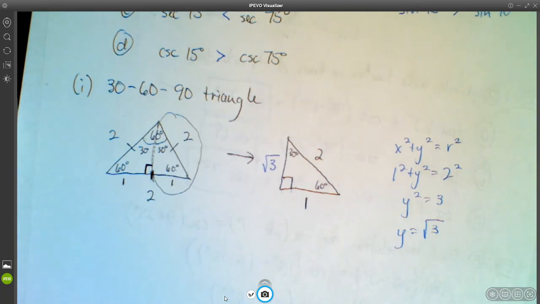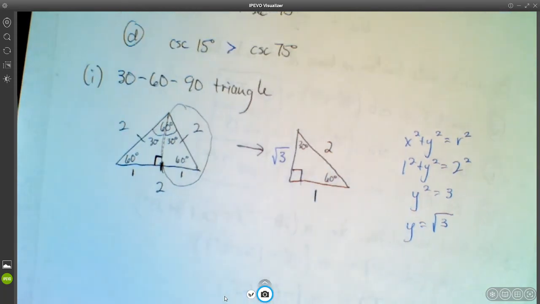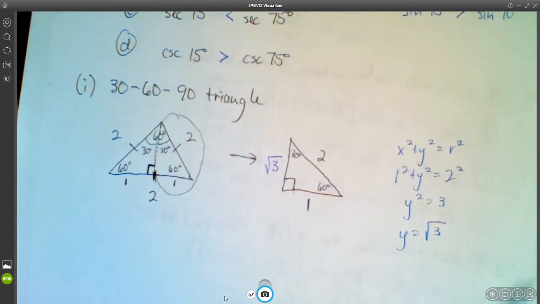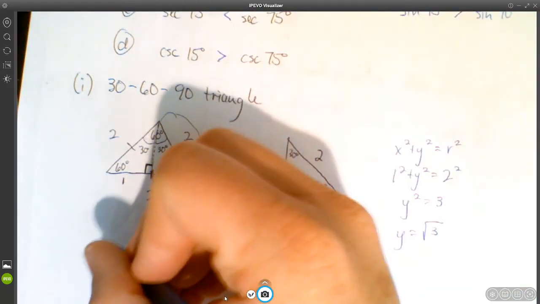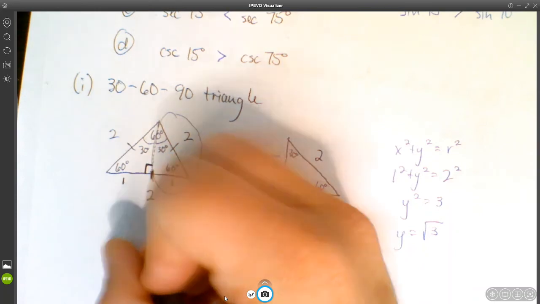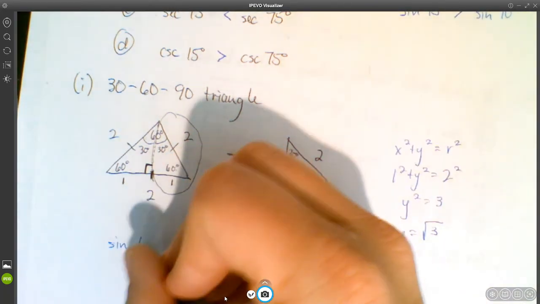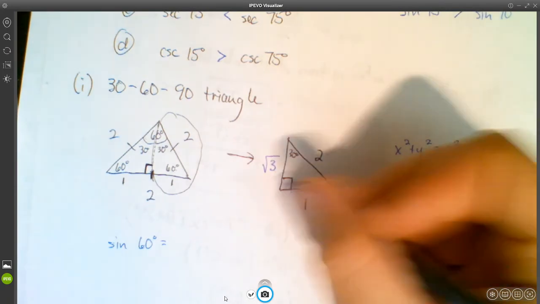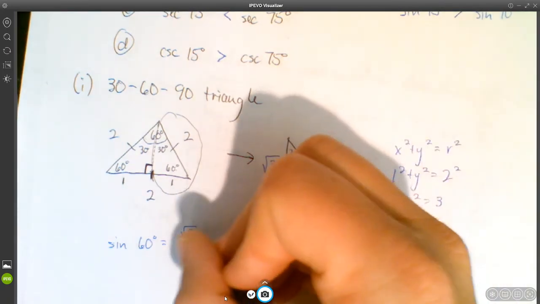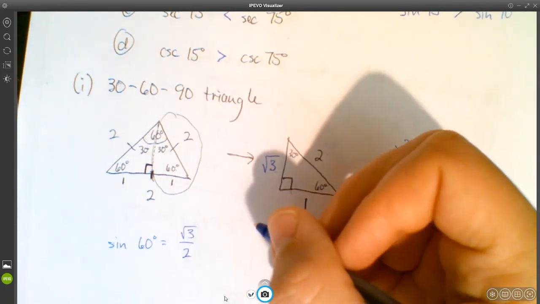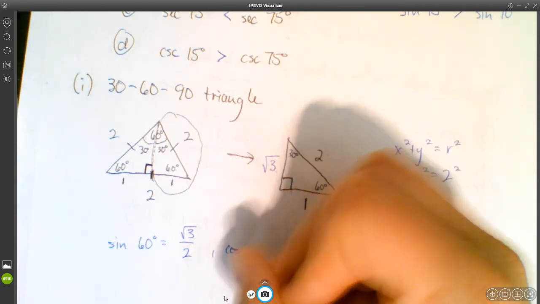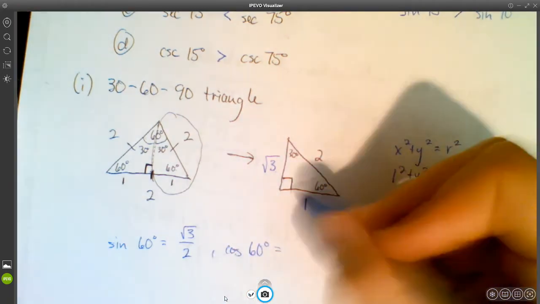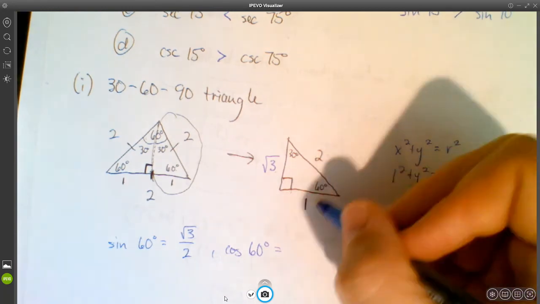Okay. Now, based on that triangle, we can come up with the trig function values for a whole bunch of stuff, right? So we know, for example, that sine of 60 degrees is going to be opposite over hypotenuse. That's root 3 over 2. We know that cosine of 60 degrees is going to be adjacent over hypotenuse.